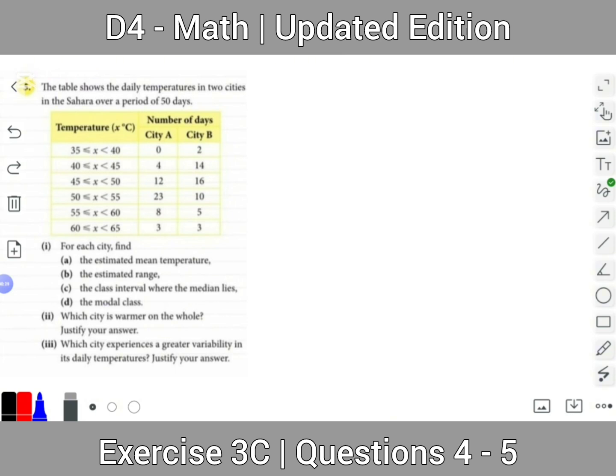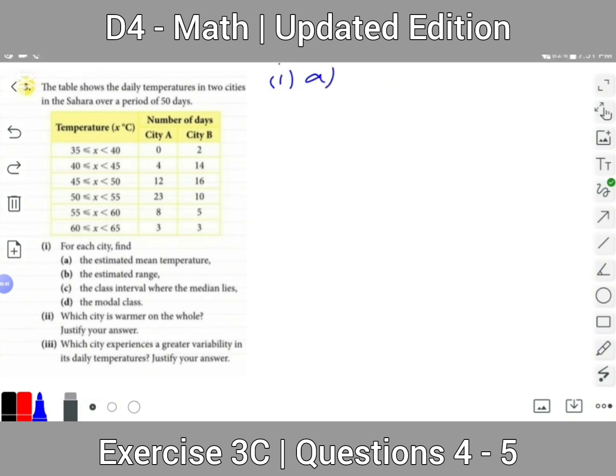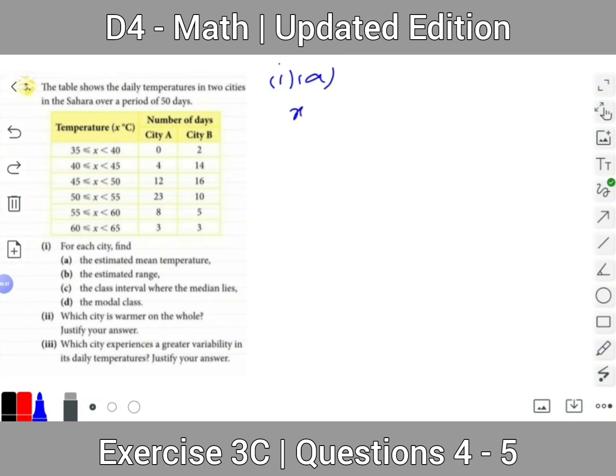So to find the estimated mean, we have to find the mid values of the given class intervals in the table. For the first class interval, the first mid value can be found by 35 plus 40 divided by 2.